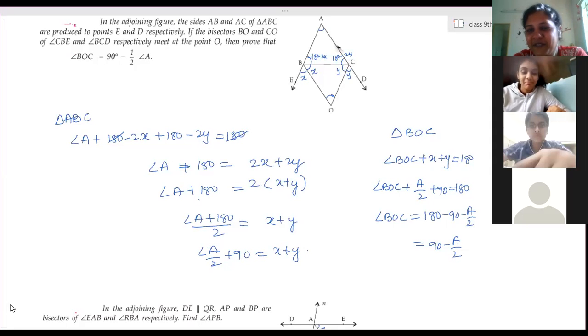Whatever is easy for you, you can do that. Whatever you feel easy, be confident about it and do that one method. Because according to me, x by 2 is much more complicated. But if you feel it is okay, you can do that.